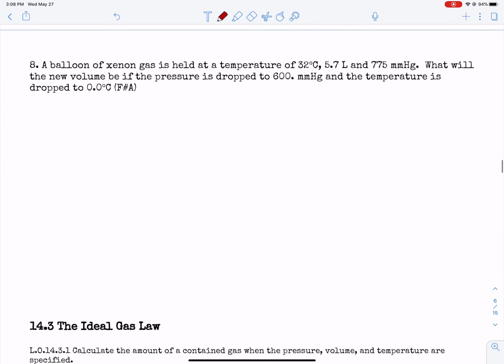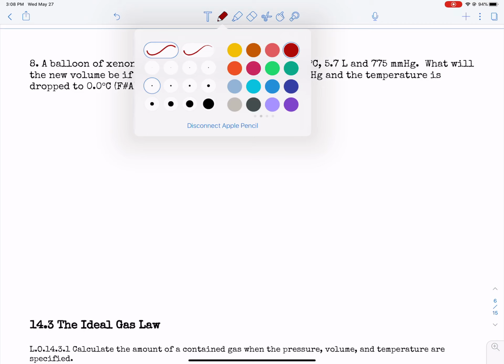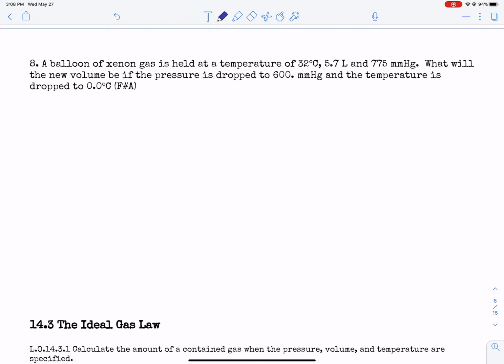Number 8, the final problem today, is the exact same type of problem, so feel free to pause it, try this problem on your own, and then check your work. A volume of xenon is held at a temperature of 32 degrees Celsius, 5.7 liters, and 775 millimeters of mercury.